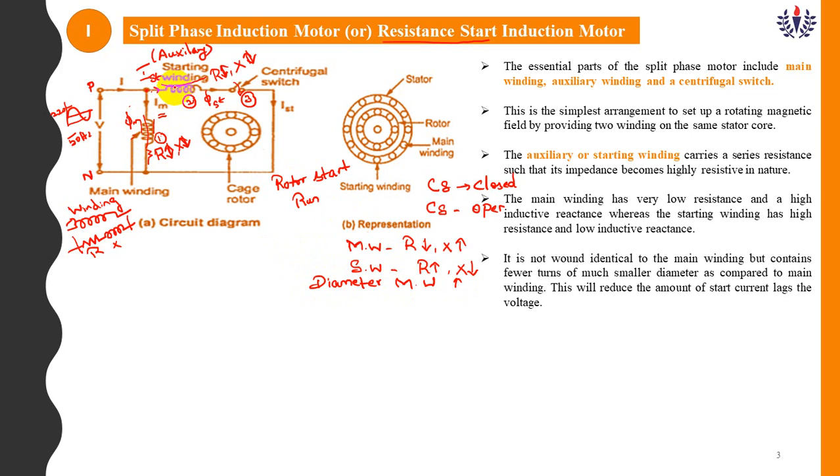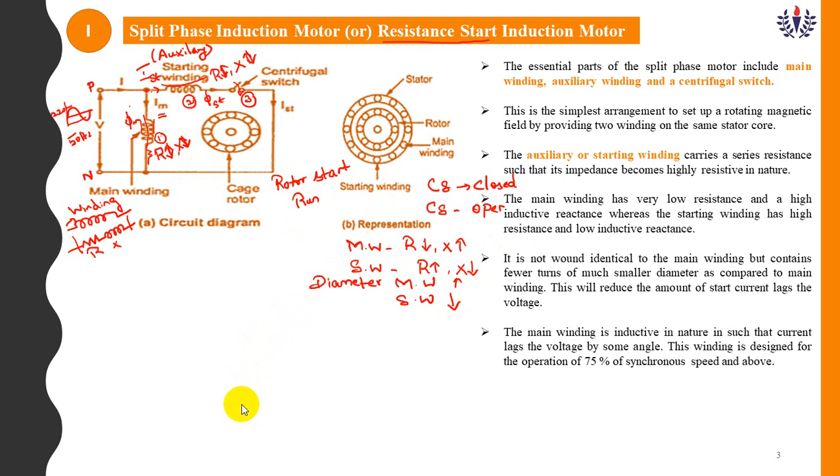But the starting winding's diameter is low. Why is it low? To reduce the amount of current at the starting position, and the current value which lags the voltage.